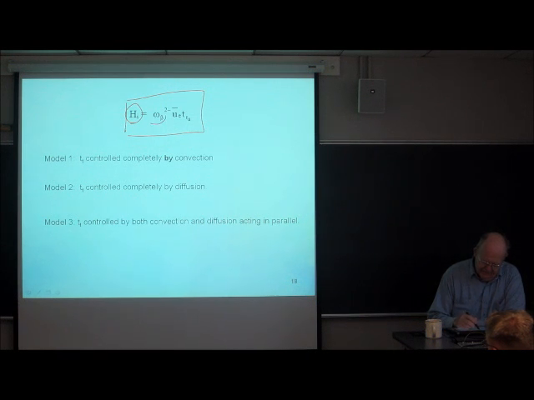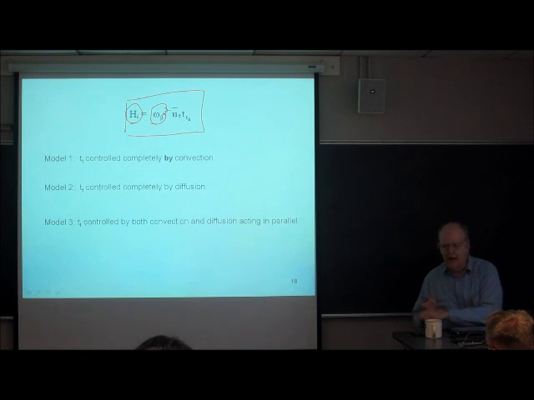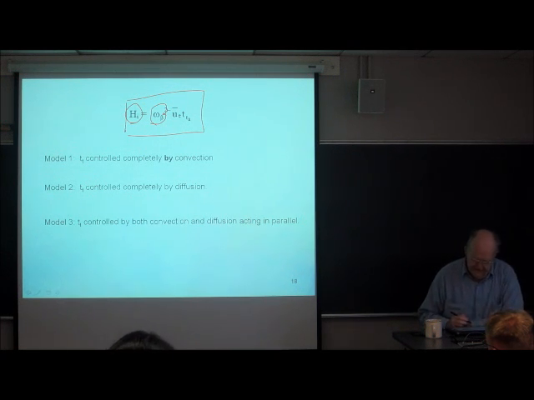We've got some constant of proportionality that Giddings called omega sub beta squared. There's no minus sign there.